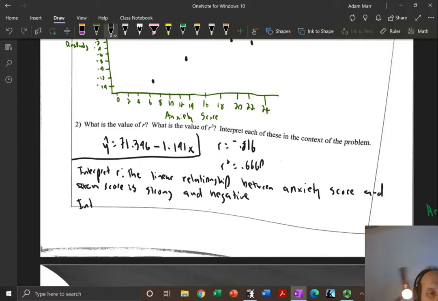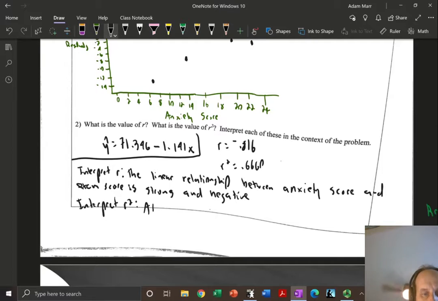Now we're going to interpret R squared. Remember, this is 0.6660, so we're going to say 66.6%. Again, this is an approximation.